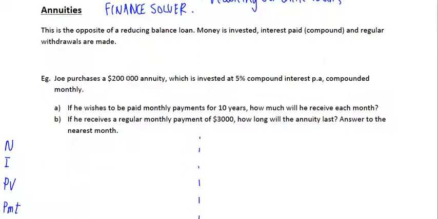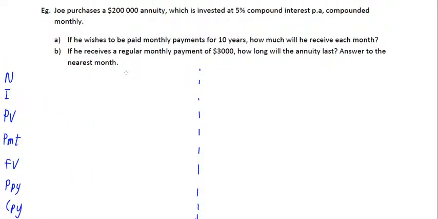So let's have a look at Joe. He's purchasing one of these. He's going to be giving the bank that $200,000 to invest. So 5% compound interest per annum. It's compounding monthly. So this is all information that's going to go into the finance solver. And he wants to be paid from that $200,000. He wants to be paid regular monthly payments for 10 years.